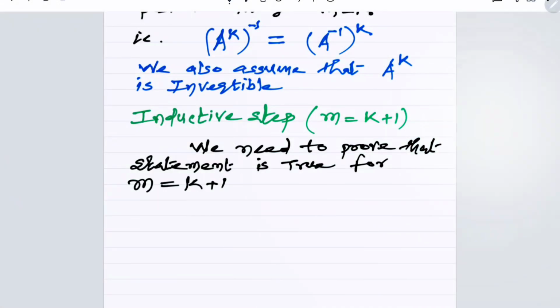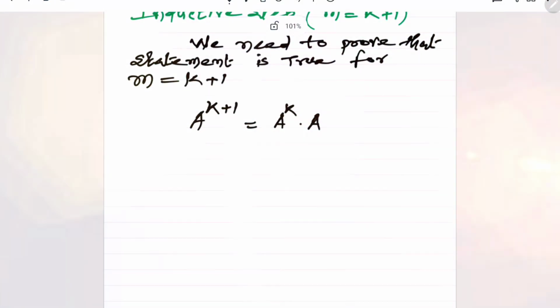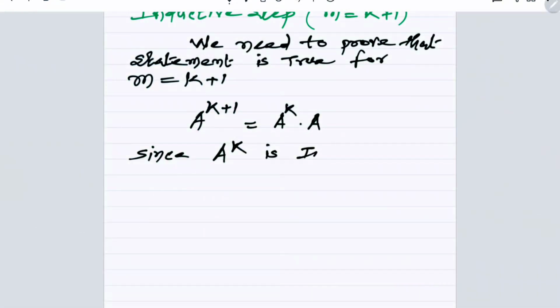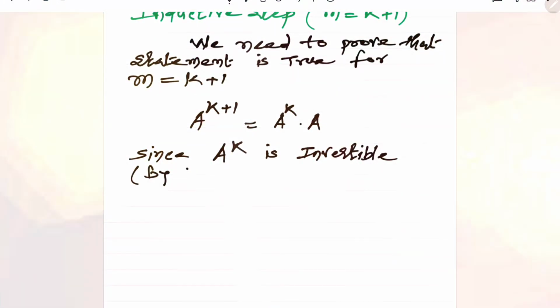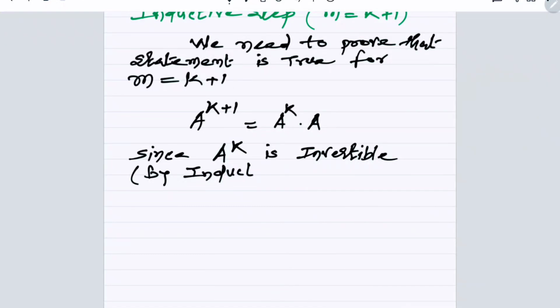That is, A raised to k plus 1 is nothing but A raised to k into A, if we split that power. Since A raised to k is invertible, this is by the inductive hypothesis.